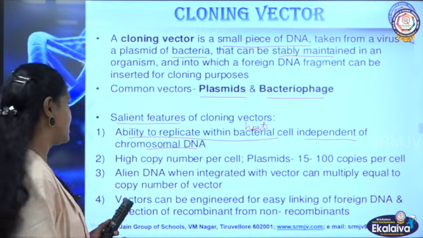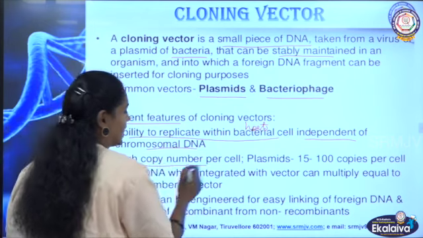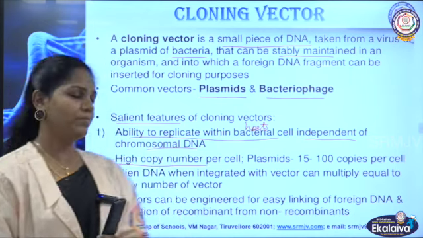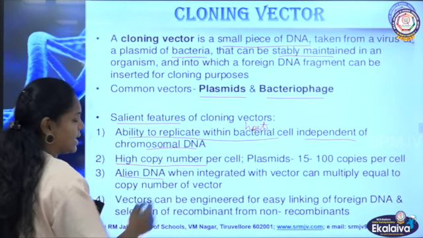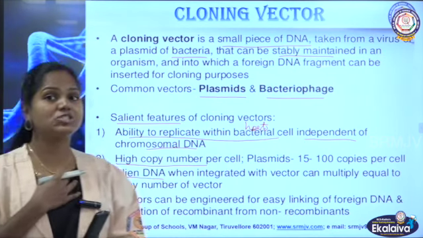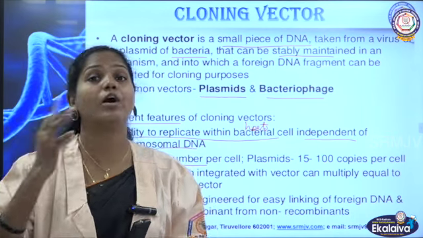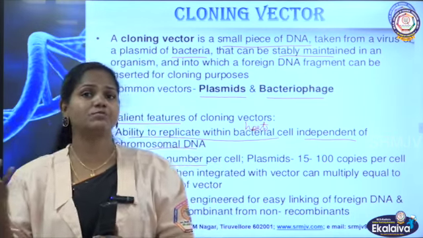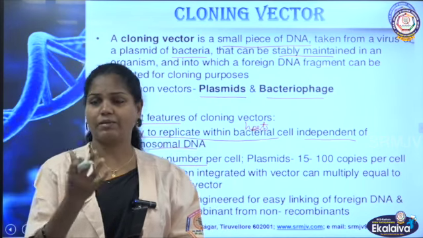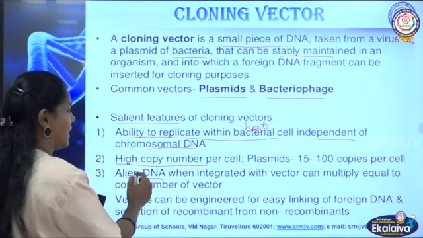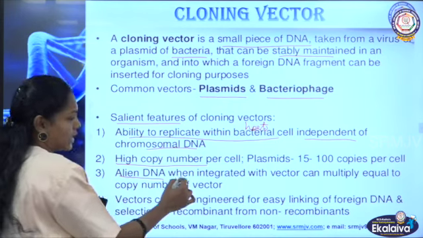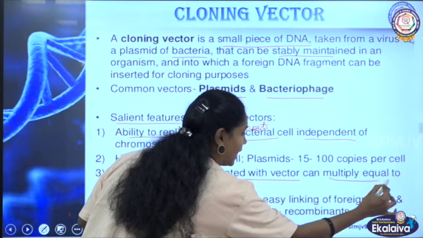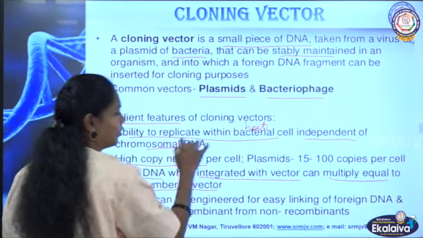That is the first feature, and these vectors have a high copy number. So what is copy number? Our gene of interest is a foreign gene which we are going to use for production of some useful products. That foreign gene we call alien DNA. When this alien DNA is integrated with the vector, it multiplies equal to the copy number of the vector.